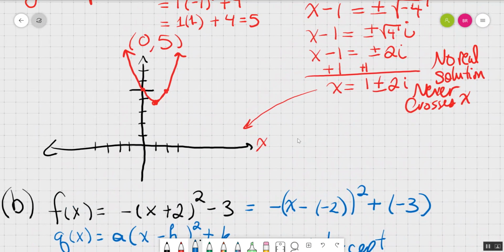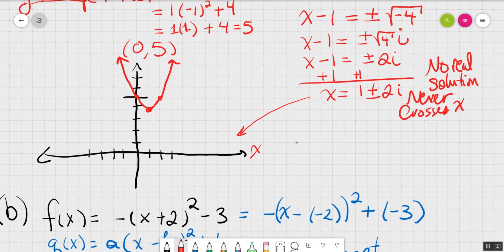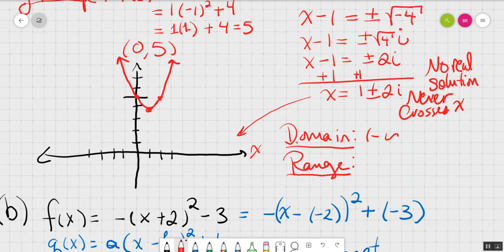All right, last one, another opened up one. Now, if you've been following along, at this point, I want you to pause, write down your answer for your domain and range, and then unpause to see what the answer is. So my domain, negative infinity to positive infinity, because every value of x can be squared and used as a single value and then added together and combined in a good way.